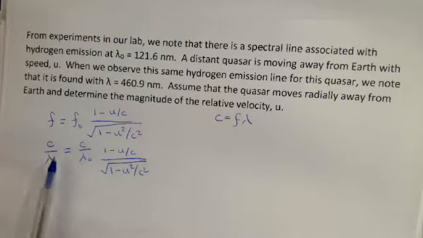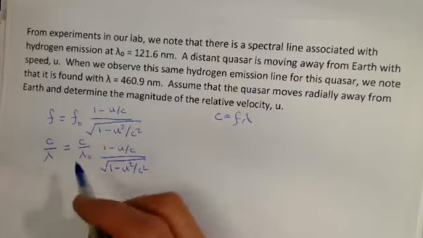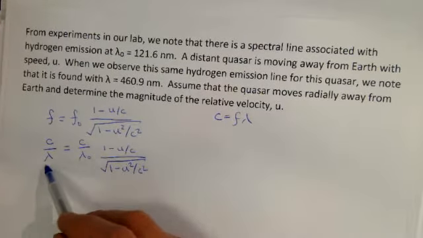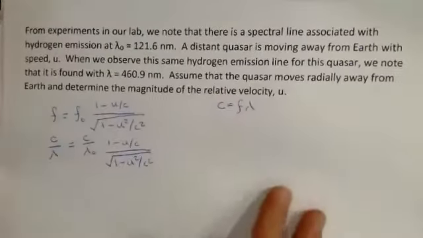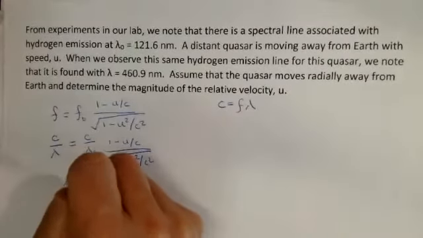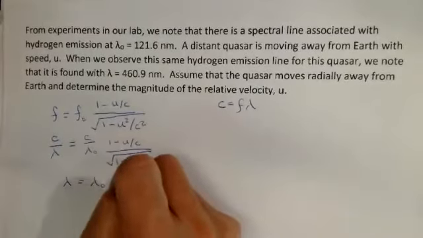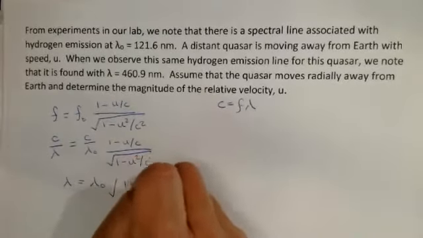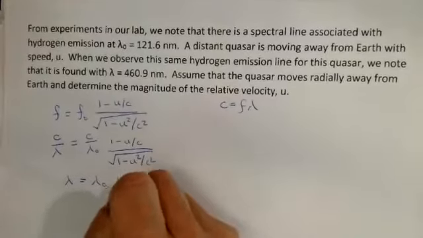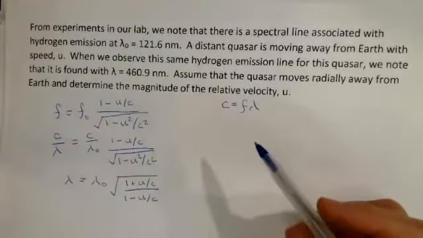We can manipulate this. Notice C on both sides, I can just cancel that. And we could get then that lambda looks like lambda naught times 1 plus U over C over 1 minus U over C, right?